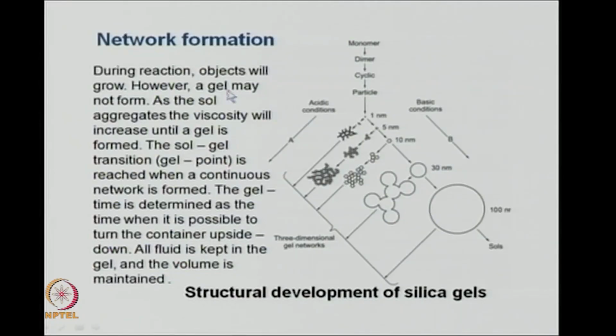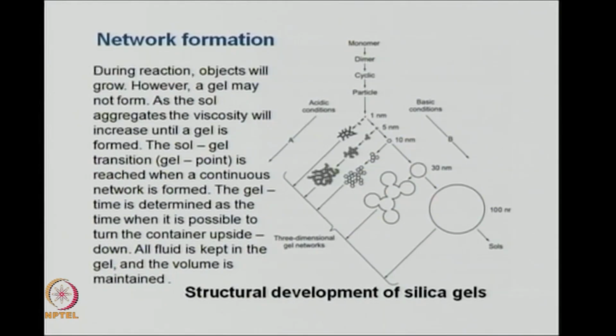Now, during network formation, the objects will grow. A gel may not form immediately; the sol particles or the aggregates of the sol particles may grow as the viscosity increases until a gel is formed. So, as you go from a sol to a gel, the viscosity keeps increasing till it forms a gel, and that is the sol-gel transition. That is called the gel point.